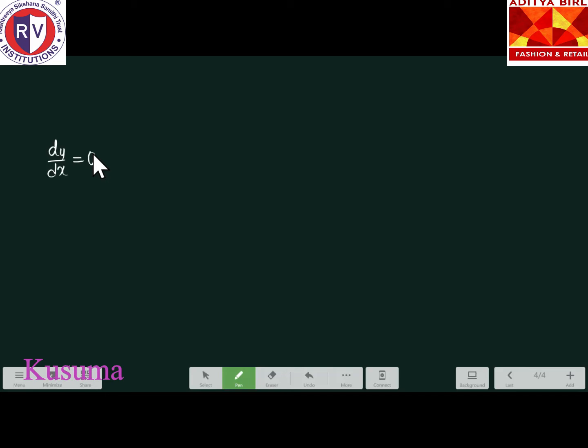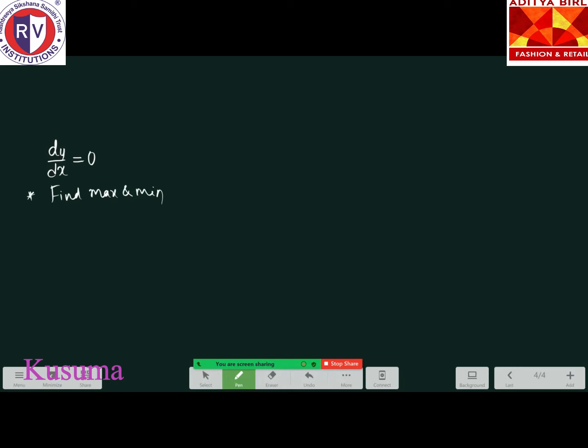If d square y by dx square is less than 0, then the function will be maximum at that stationary point. So we use derivatives to find maxima and minima, or to find out the stationary point.